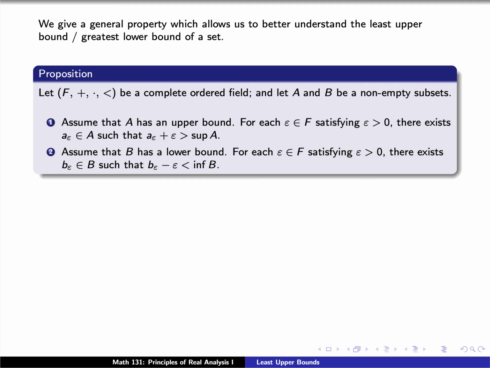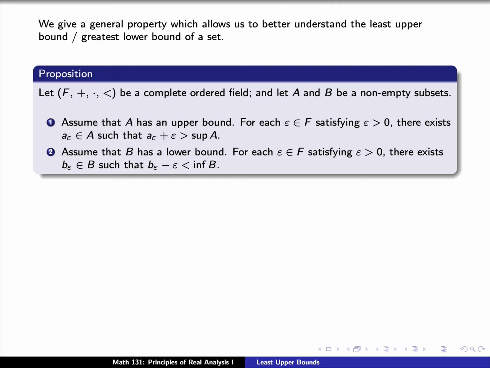For each epsilon in F satisfying epsilon greater than 0, there exists an element A sub epsilon coming from the set A such that A sub epsilon plus epsilon is greater than the supremum of A. What this actually means is we can always choose A sub epsilon in the set A to get as close as we'd like to the supremum of A. So while the supremum of A is actually not necessarily an element in the set A, it does say that we can get as close as we'd like to this supremum.